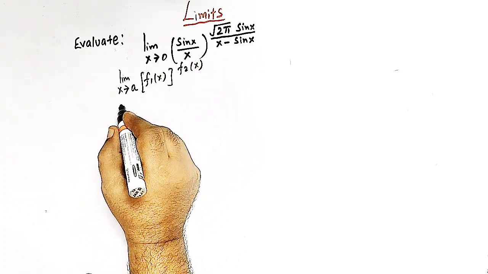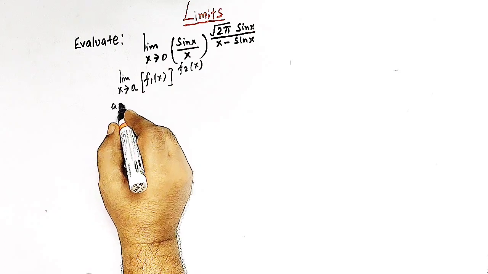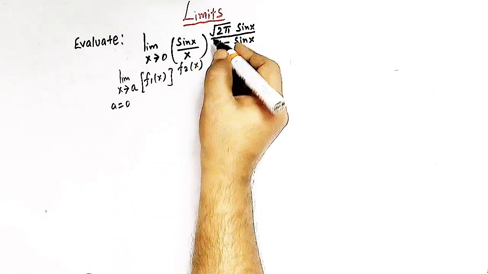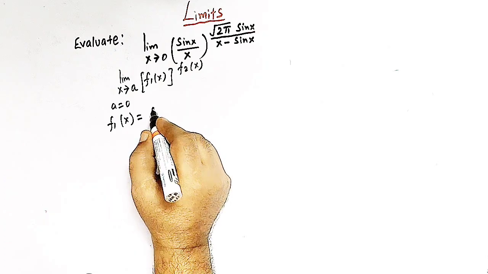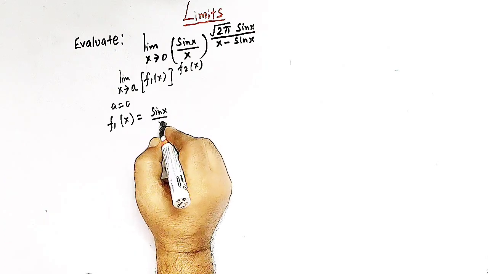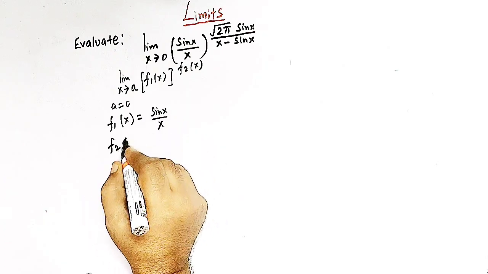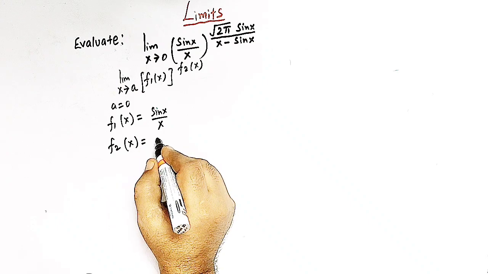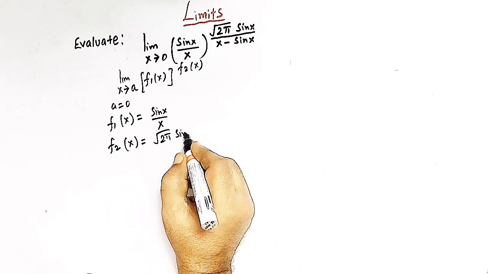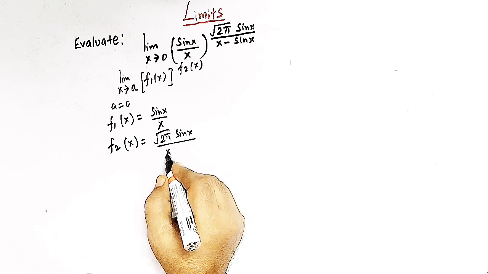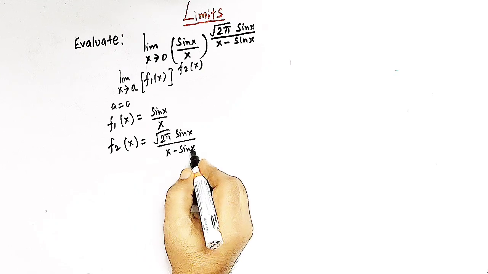And here a is 0. Comparing this limit with this one, the function f1(x) is given by sine x over x, and f2(x) is given by square root of 2 pi sine x divided by x minus sine x.